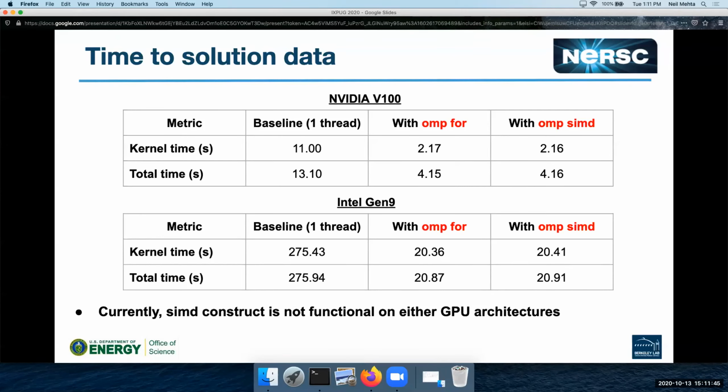When you implement the first two compute hierarchy levels, basically OpenMP target teams and OMP 4, you get 2.17 seconds on V100, whereas 20.36 seconds on Gen9. Again, we should remember that there are 10 times higher number of threads on NVIDIA V100, so the performance kind of makes sense. As I previously mentioned, SIMD doesn't really do anything, and so the performance is exactly the same with some statistical variances, since the results are run around 100 times for each measurement.